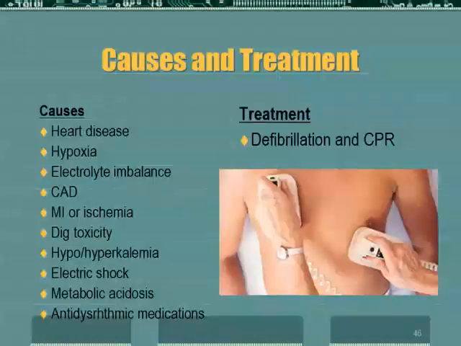Treatment is going to be to defibrillate and start CPR. This is the patient you would call a code for if this happens in the hospital setting, following ACLS guidelines, which is advanced cardiac life support.